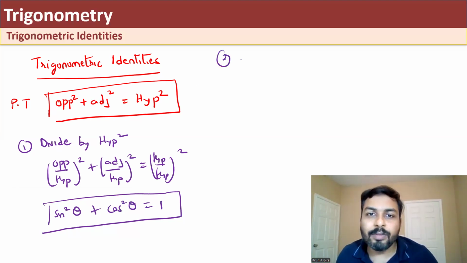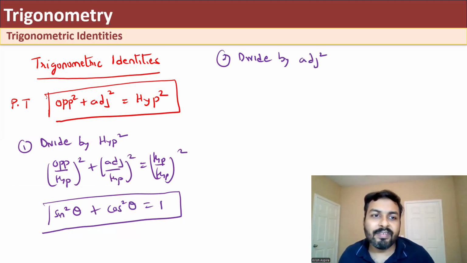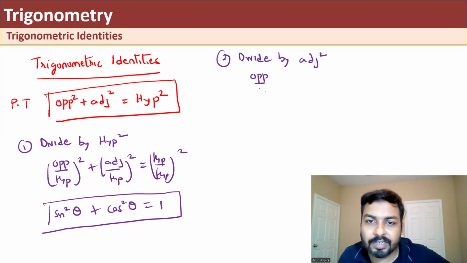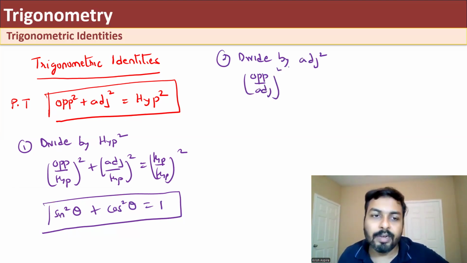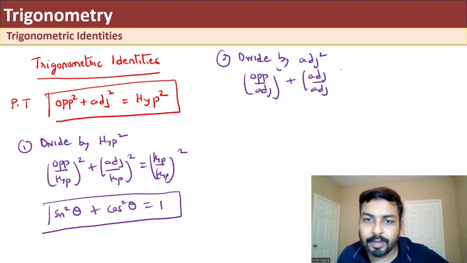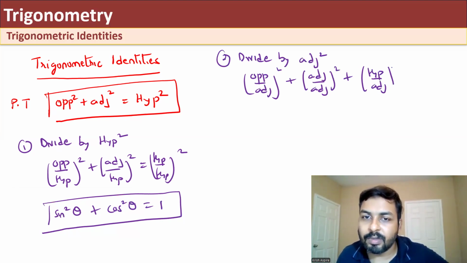Now, to get the second trigonometric identity, I am going to divide this entire Pythagoras theorem by adjacent square. I'll get opposite by adjacent square plus adjacent by adjacent square equal to hypotenuse by adjacent square.